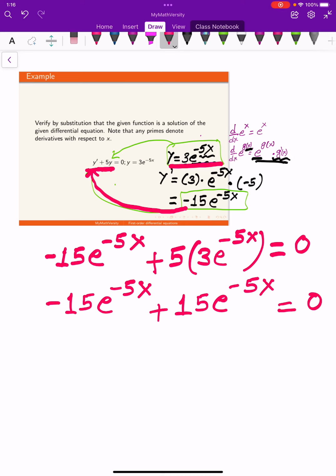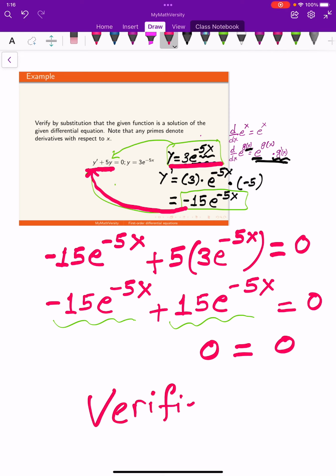This has to be equal to 0, and that's exactly the case, because this is negative 15 e to the power minus 5x and this is 15 e to the power minus 5x, and when you combine, you definitely get 0. So we have 0 equal to 0. So it's verified. What is verified? This function given over here is actually the solution of this given differential equation.